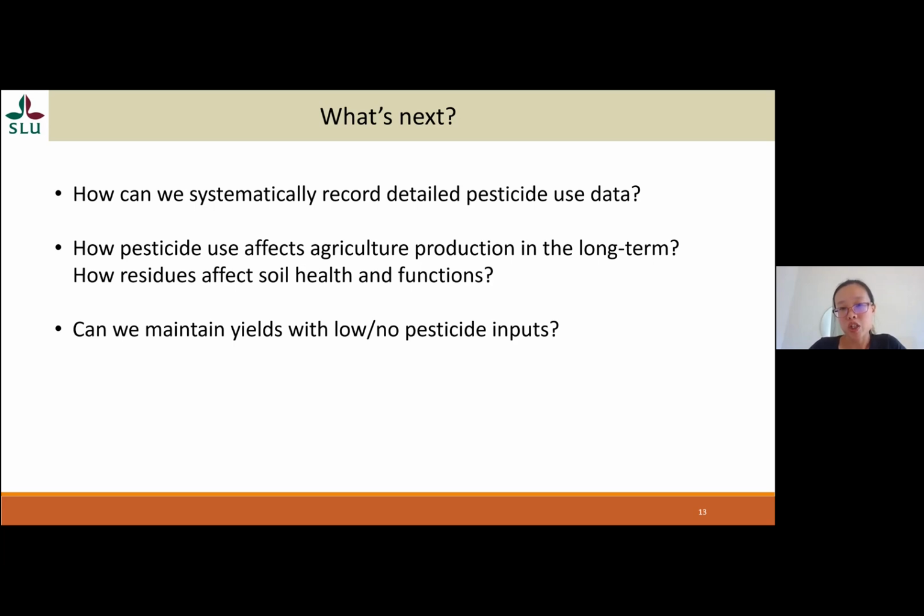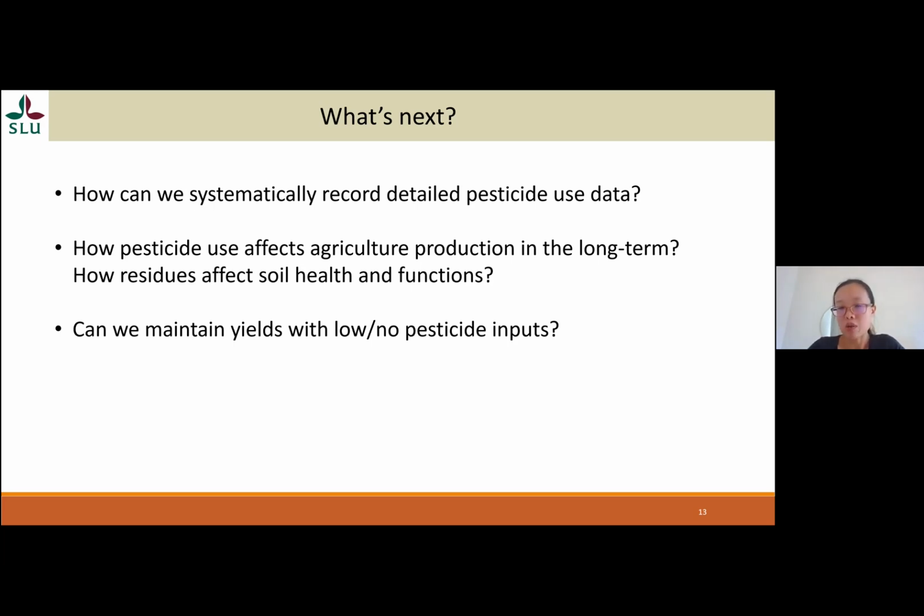So this poses the question of whether pesticide residues can eventually affect soil functions and eventually decrease the yield.